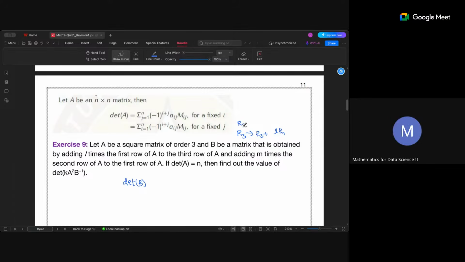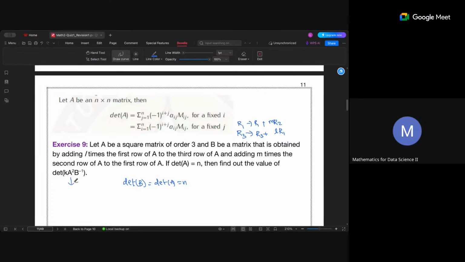Similarly, R1 is replaced with R1 plus M R2. This type of operation does not affect the determinant, so the determinant will remain the same. Determinant of B is the same as determinant of A.